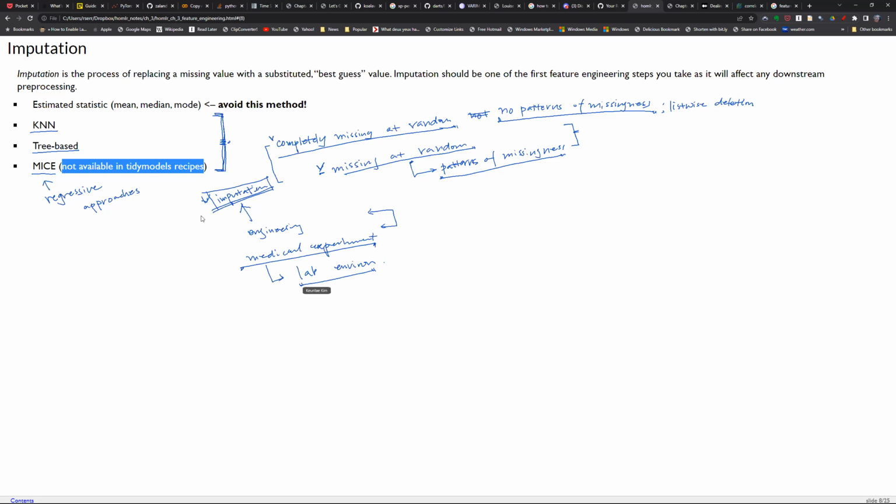In this case, imputation is going to work very well. But in the case of social science, dealing with humans, it is quite hard to apply imputation.